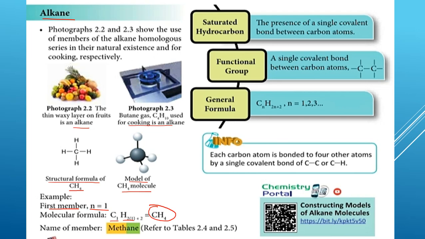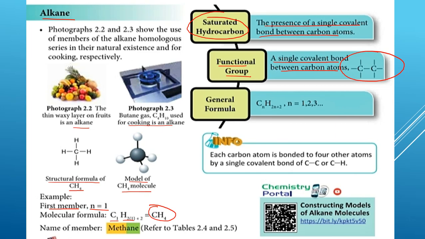Alkane is a saturated hydrocarbon, saturated because it only contains single covalent bonds between the carbon atoms. Its functional group is a single covalent bond between carbon atoms. This is the functional group of alkane.